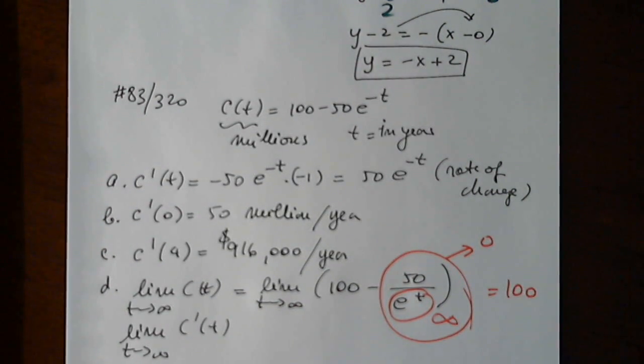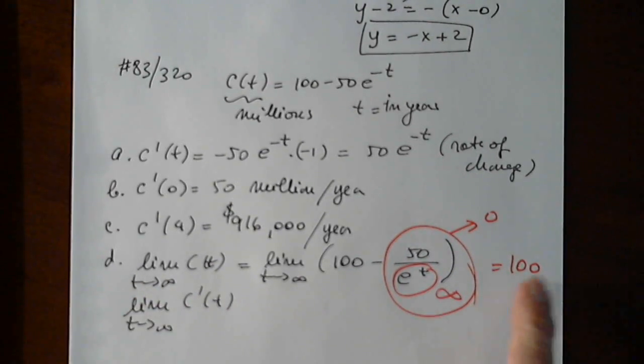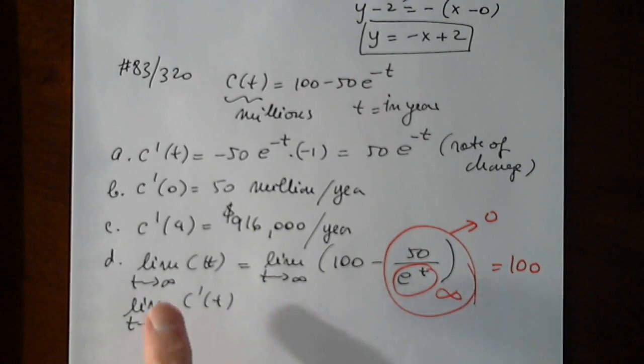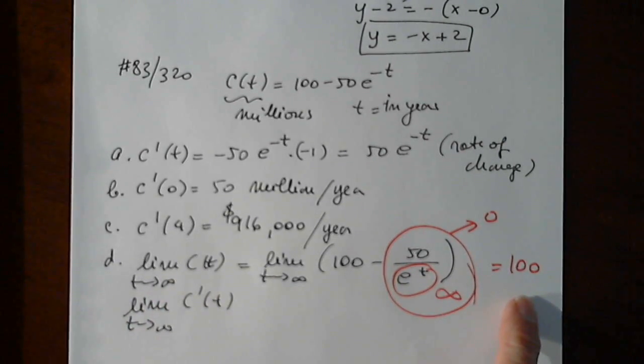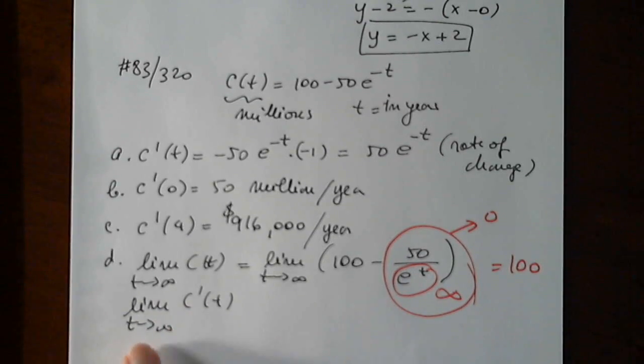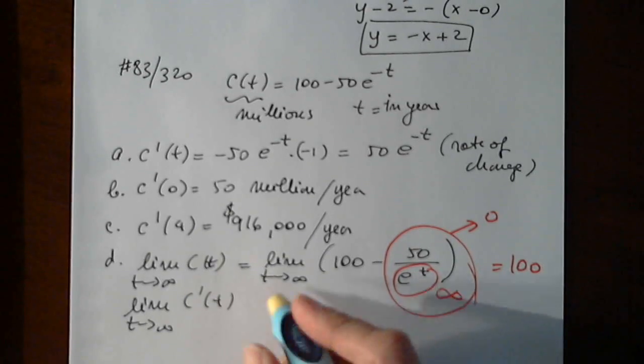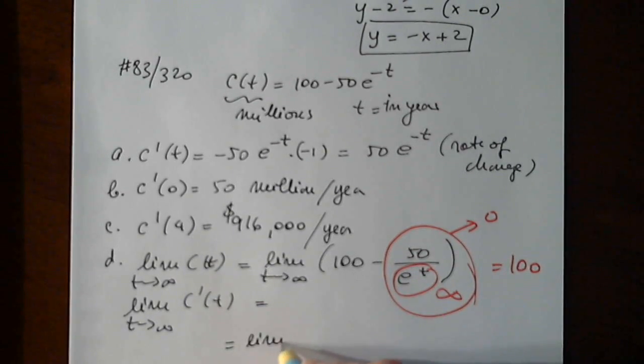So as time goes by, the limit of c of t as t approaches infinity is 100. Let's look at the limit of c prime of t as t approaches infinity. That is the limit as t approaches infinity of 50 over e to t.